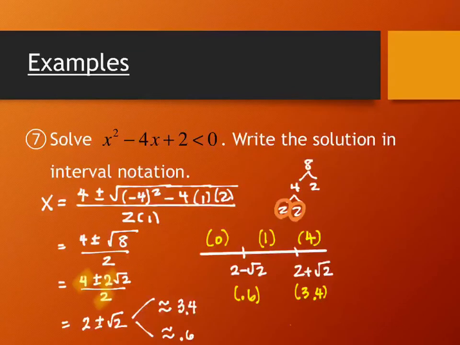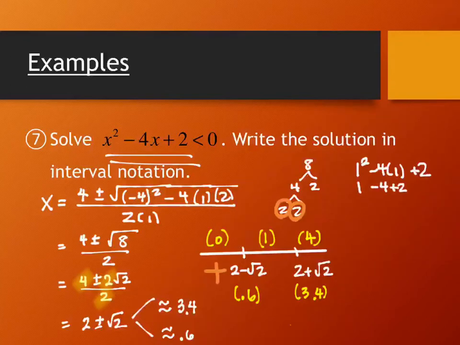So if I plug in 0 to this equation, I get a positive 2. So it's positive on the left-hand side of the equation. If I plug in the number 1, and I do 1 squared minus 4 times 1 plus 2, this is 1 minus 4 plus 2. It's negative. So it's negative in between.